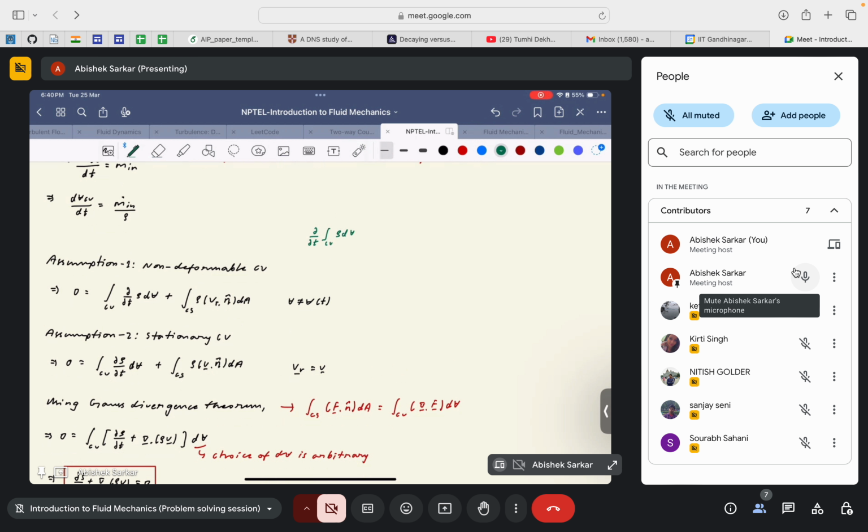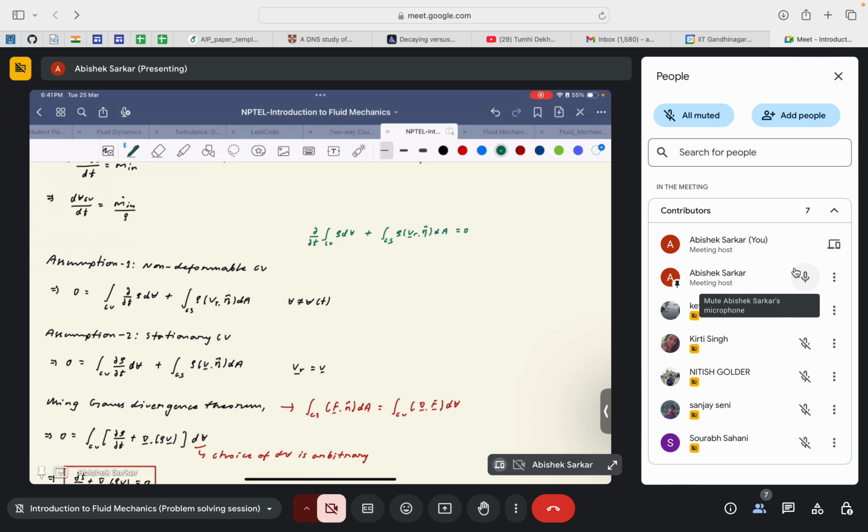This was the generic form: the time derivative of the control volume integral of rho dV, plus the control surface integral of rho V_R dA, equal to 0. Now this is the generic form of mass conservation.